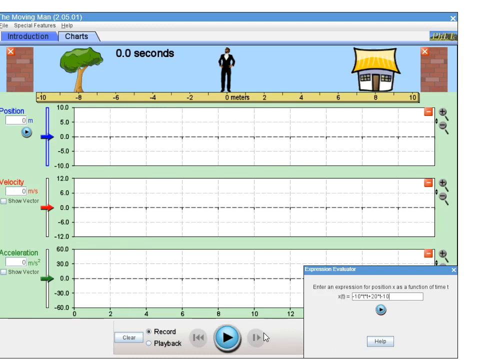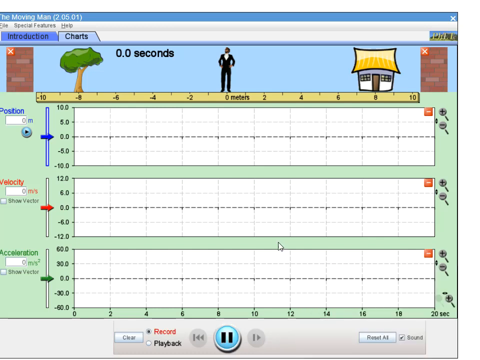Okay, and then enter. So this time I did t times t instead of t squared. There, that worked. It didn't like the t squared, but it'll take t times t. It's kind of buggy though.